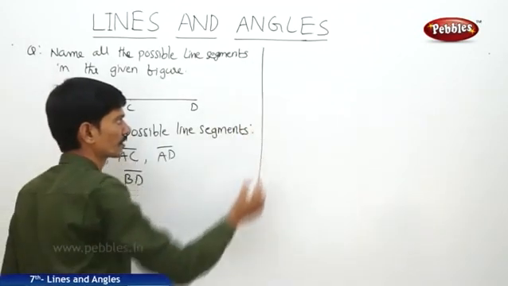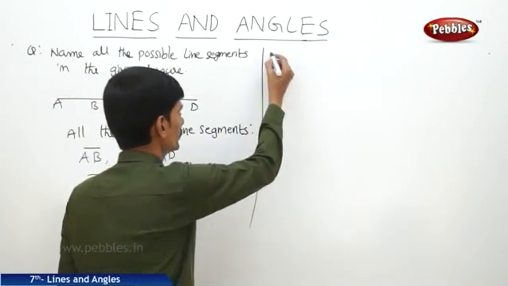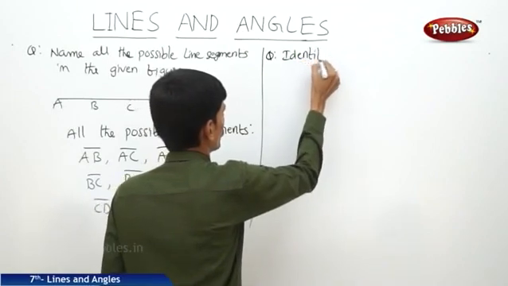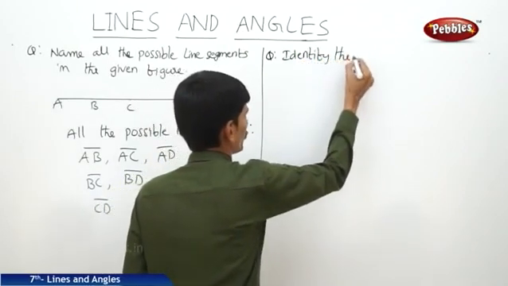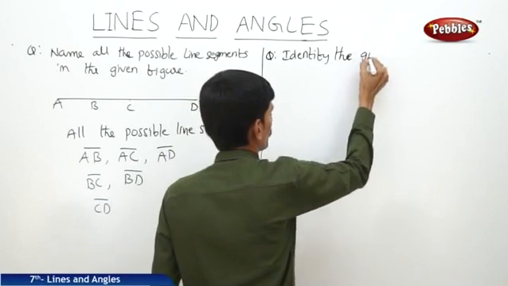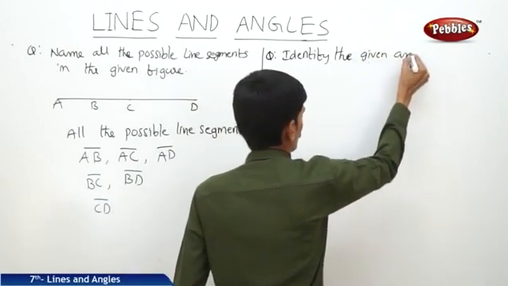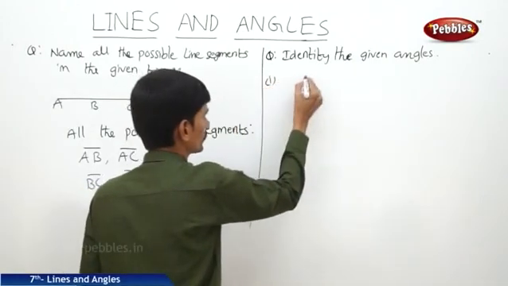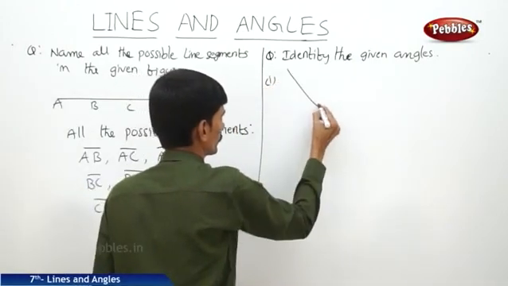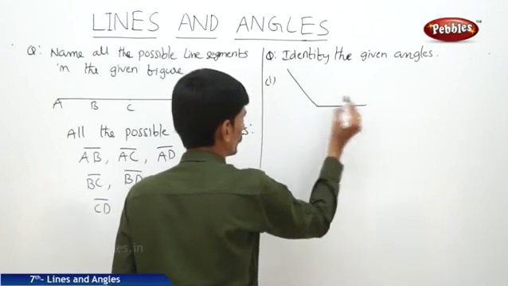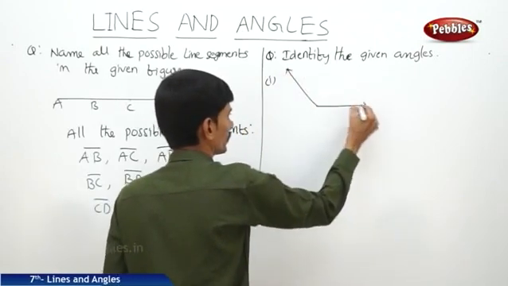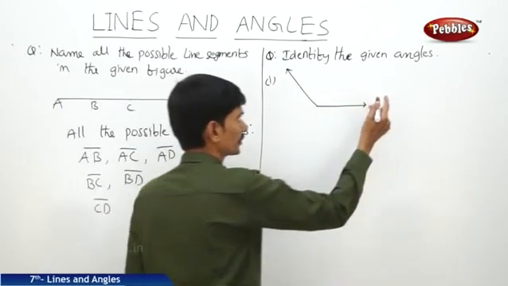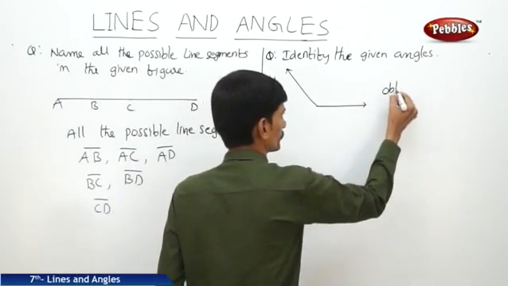Now the next question: identify the given angles. The first one is more than 90 degrees, so it is an obtuse angle.